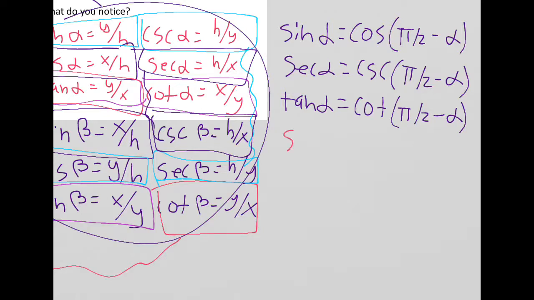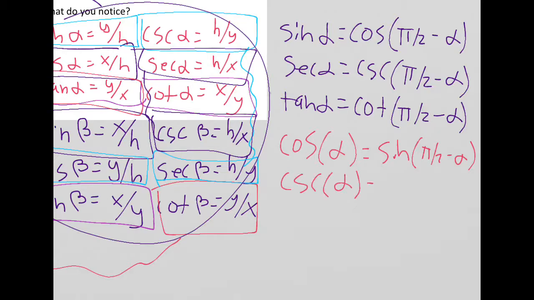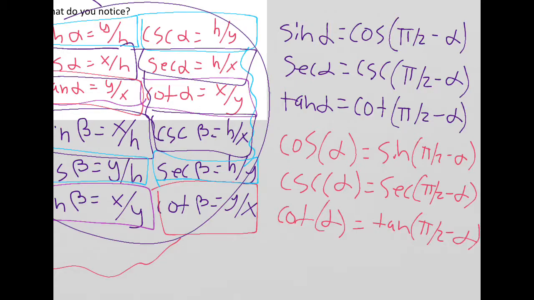We could say that cosine of alpha equals sine of pi over 2 minus alpha. We could say that cosecant of alpha equals the secant of pi over 2 minus alpha. We can say that cotan of alpha equals tan of pi over 2 minus alpha.